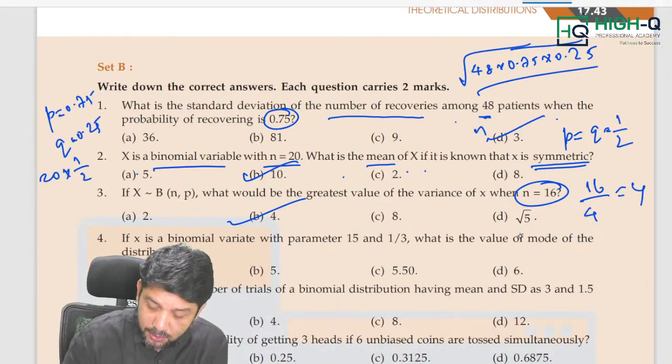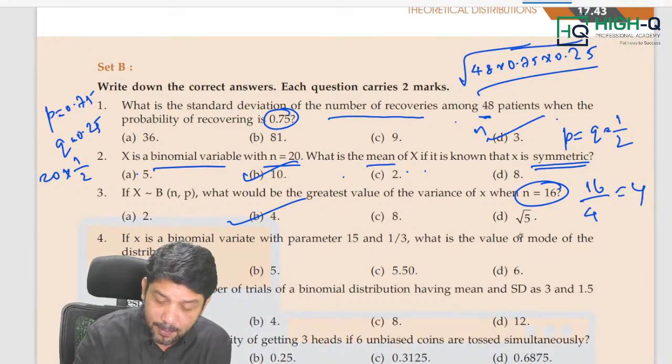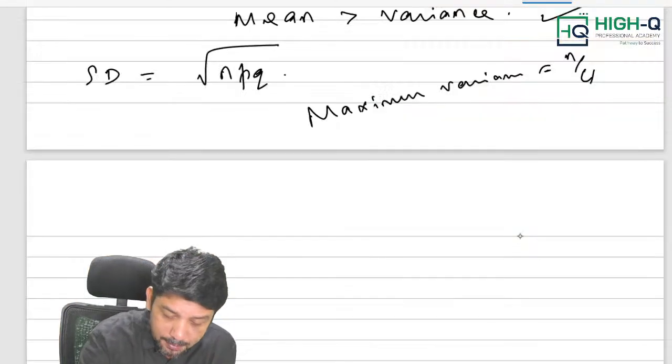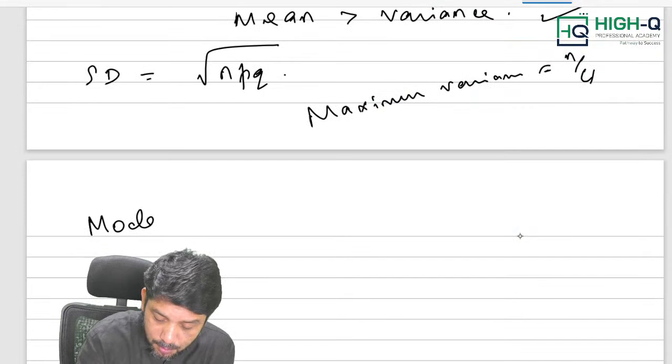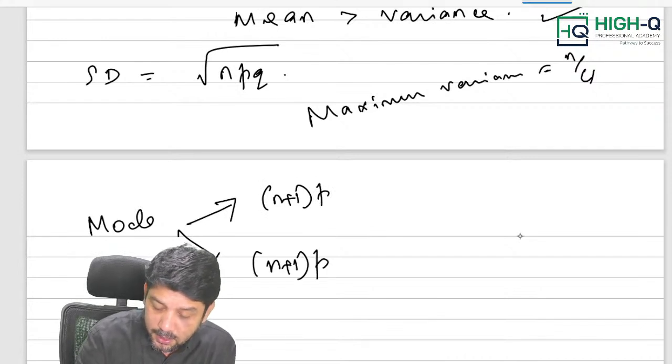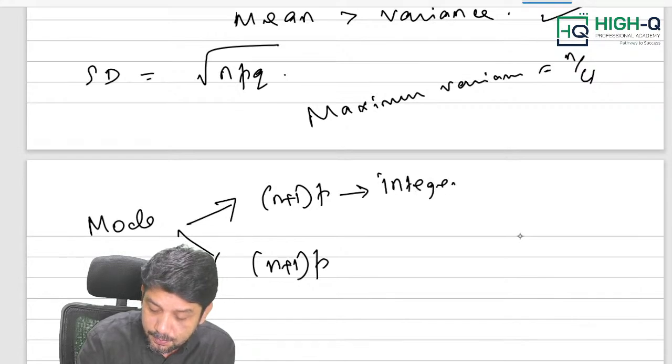Okay. Now listen here. Mode of a binomial distribution. It can be unimodal or it can be bimodal. See, guys, the mode can be unimodal or bimodal, but the formula is (n plus 1) into p. Then what, sir? See, this (n plus 1) into p can be an integer, or it can be a non-integer.